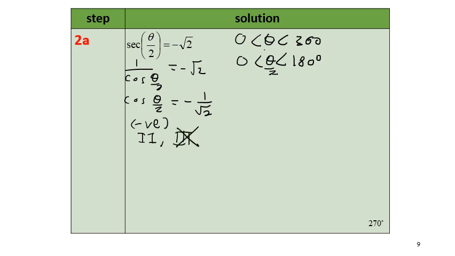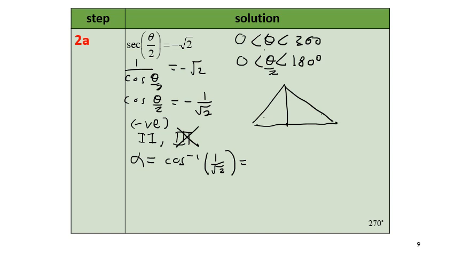Right. So after we identify the quadrant, next we find the basic angle. Remember, for the basic angle, don't put the negative. And we already know from the triangle, remember the triangle here, 1 sec 2, so it's actually 45 degrees.